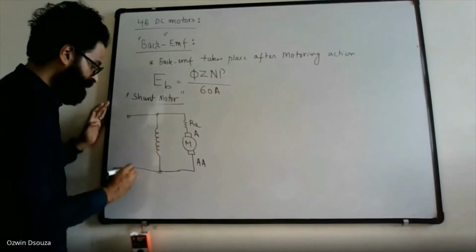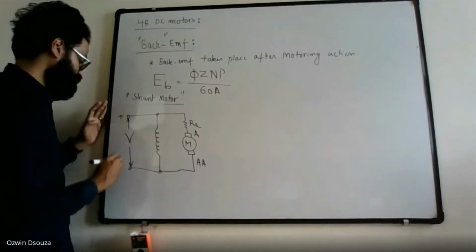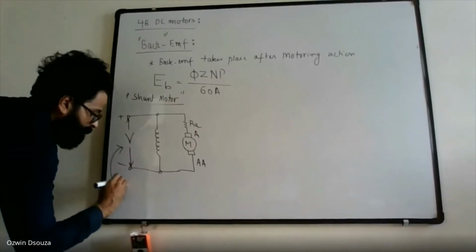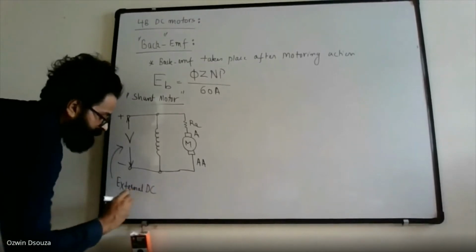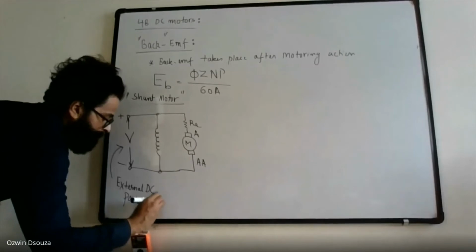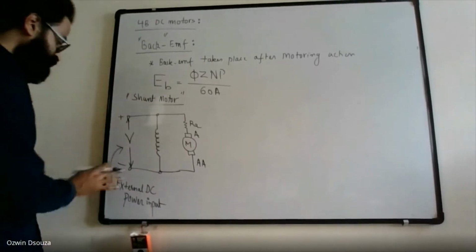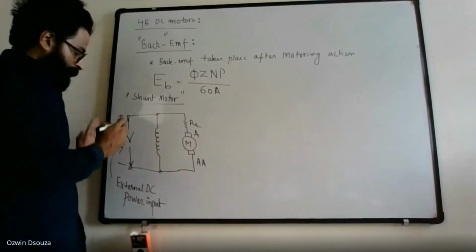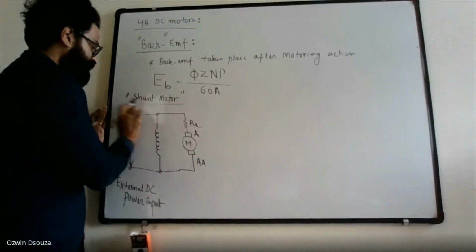And the combination is connected to plus minus external DC. So this is nothing but external DC power input, which is electrical, right? That's all that is required for the motoring operation. So the power is flowing from left hand side to right hand side.